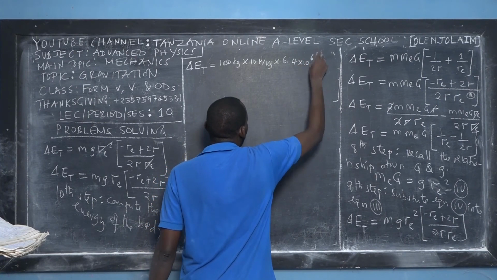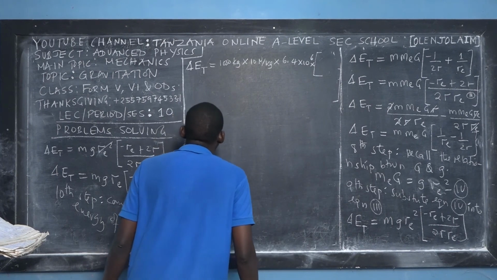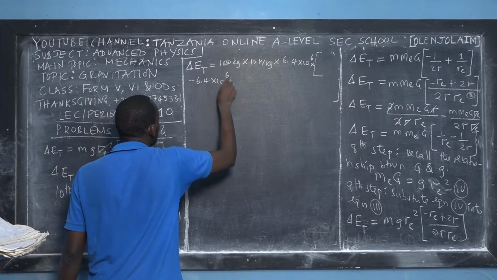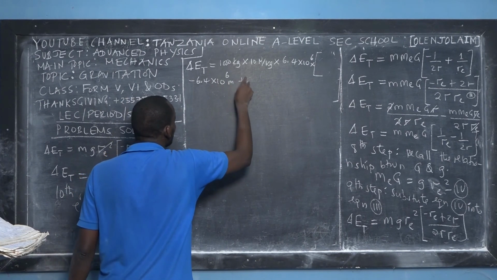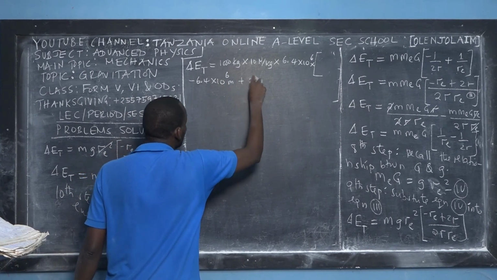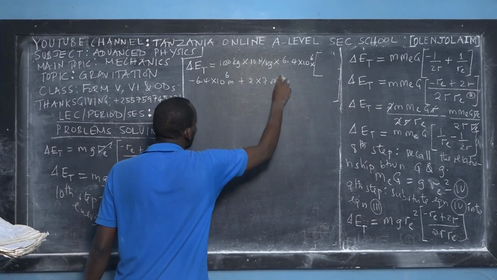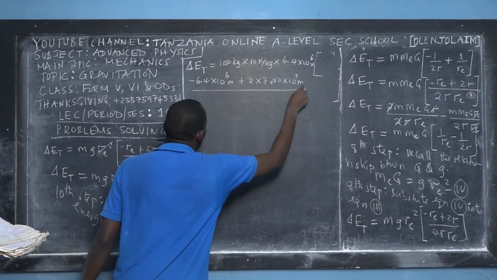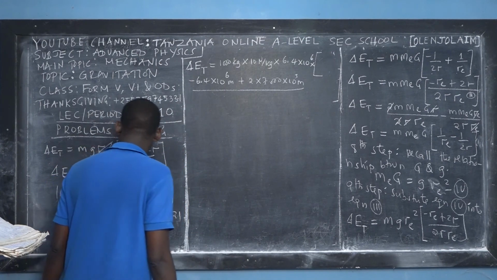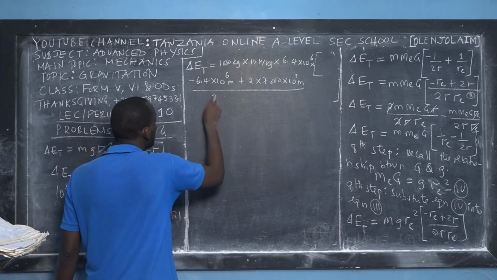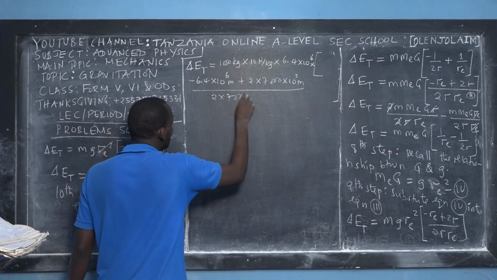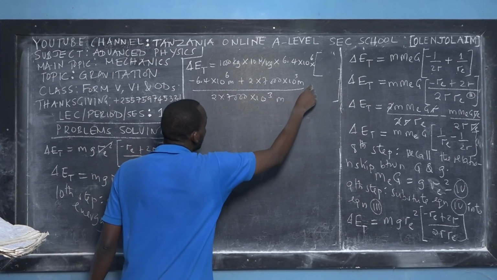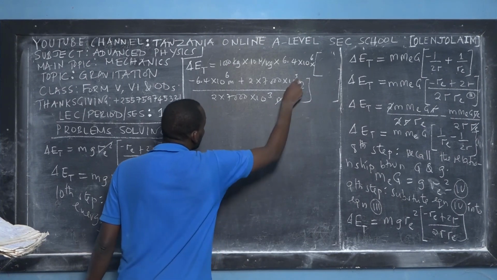And then we multiply with what you have in the bracket, which is negative 6.4 exponent 6 meters plus twice times 7 exponent 6 meters, and the denominator that we have is twice times 7,000 exponent 3 meters.